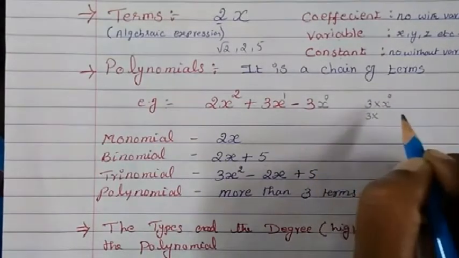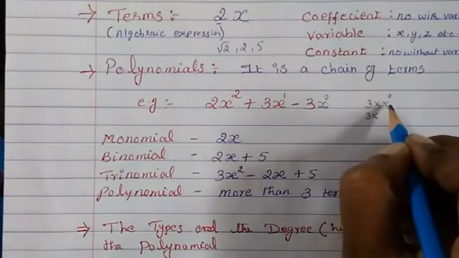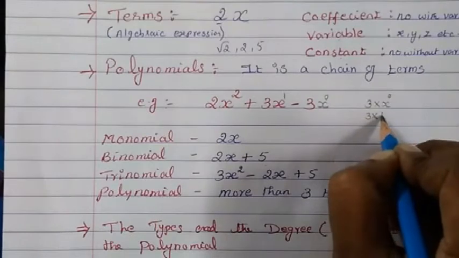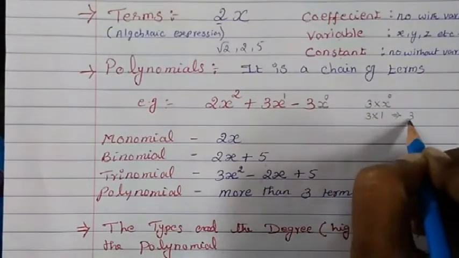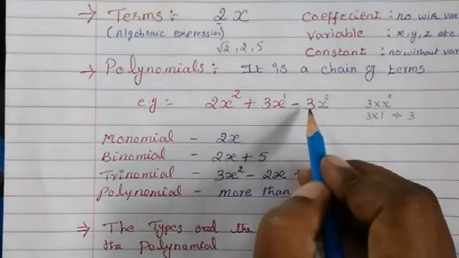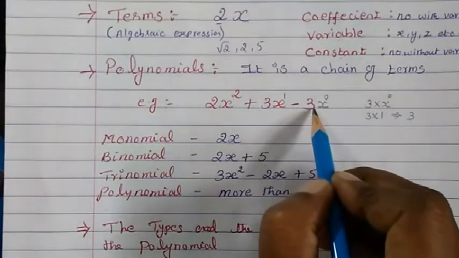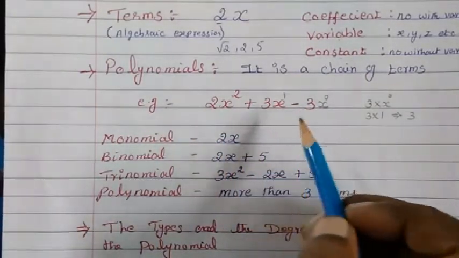We know that any number raised to 0 has the value 1. So 3 into 1 becomes 3. That is why it is written only as 3. So this is a chain of terms.